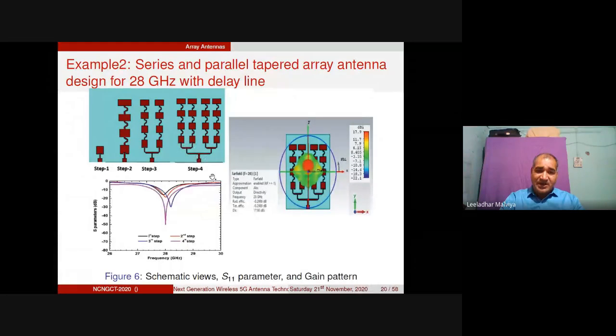So total elements are 16 here, so 1x16 elements. Step 3 has 1x8 elements, step 2 has 1x4, right? Because of this arrangement, we have fulfilled the requirement of bandwidth and gain at 28 gigahertz.